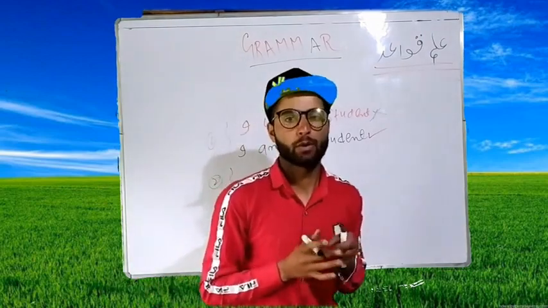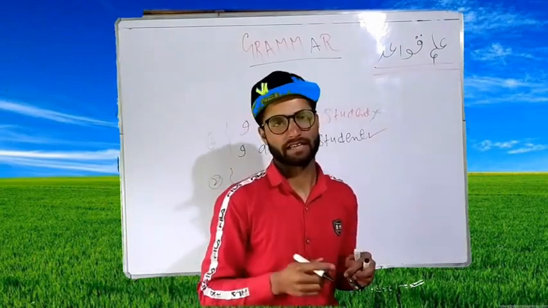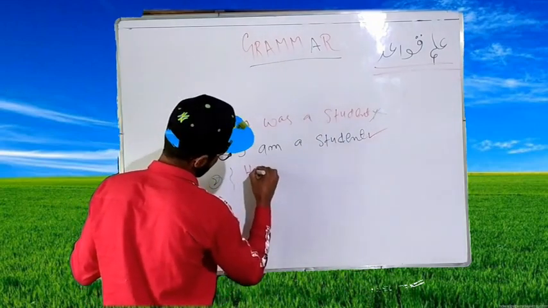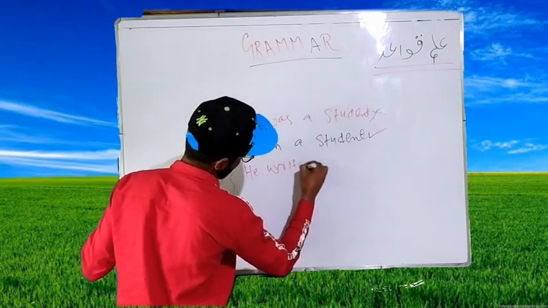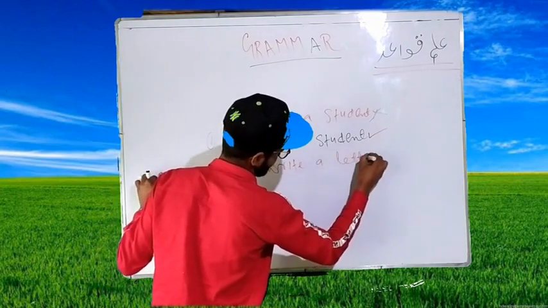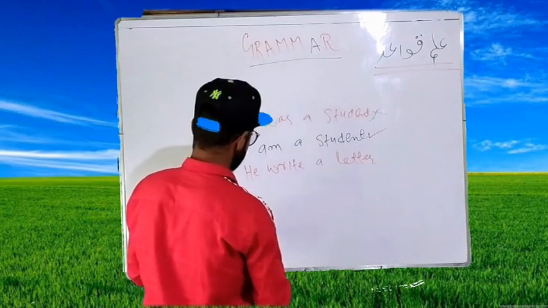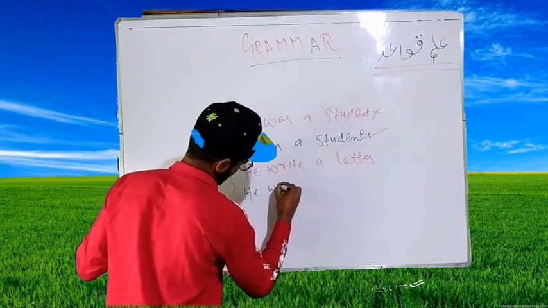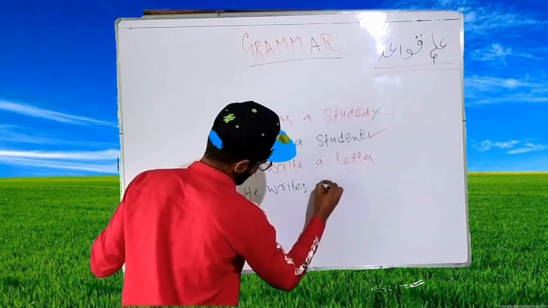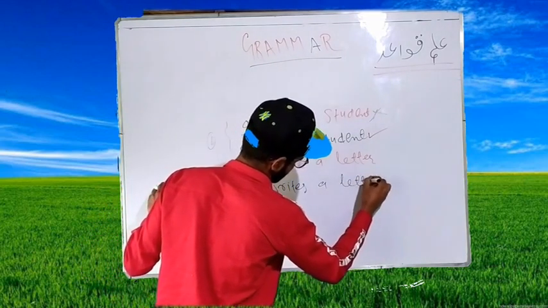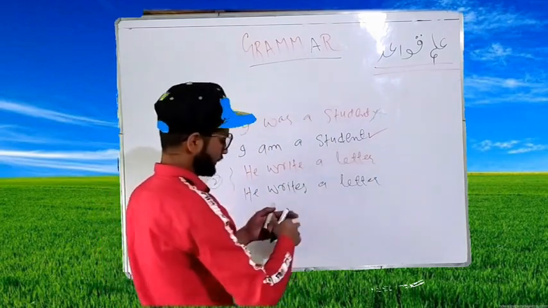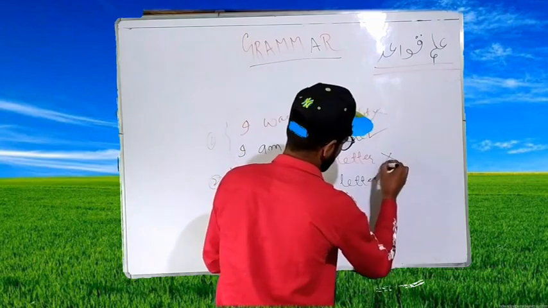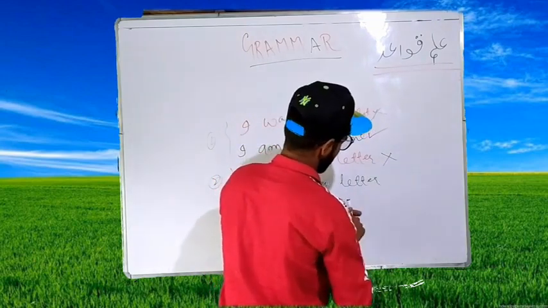अगर मुझे लिखना होगा कि वो एक खत लिखता है, अगर मैं लिखूंगा यहां he write a letter. गाइस यहां लिखूंगा मैं और he writes a letter. गाइस जो ये वाला है ये टोटली रॉन्ग है. दिस वन इज रॉन्ग बट दिस वन इज राइट.